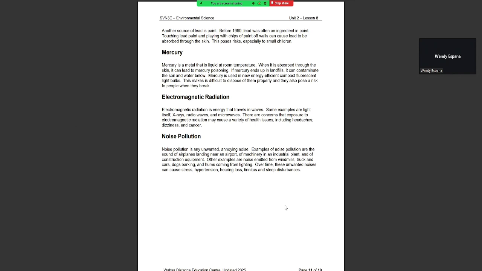The last one listed is noise pollution. So anybody that's lived near somewhere noisy gets this one. In Sulika, we have the trains. People living near the train tracks sometimes have a lot of noise from the trains themselves, the whistle blowing when they're crossing into town, the sound when they stop and all the cars hit each other.